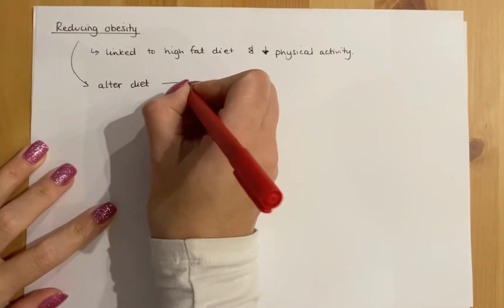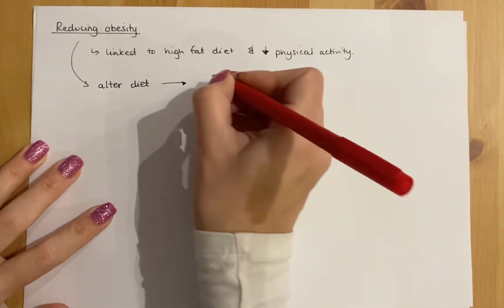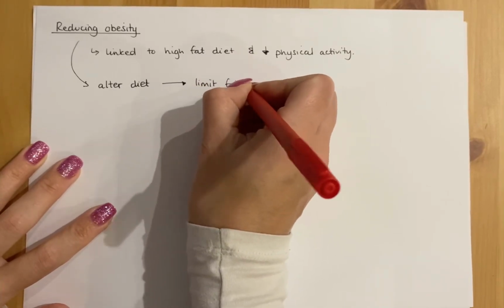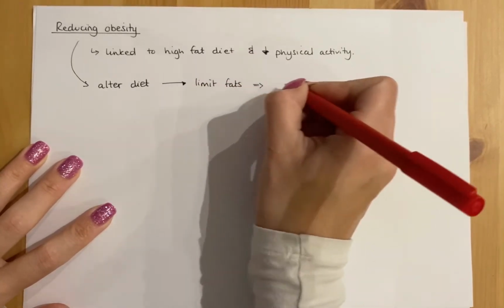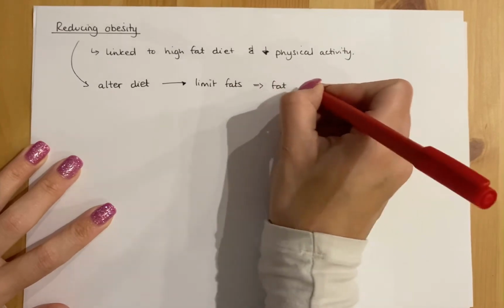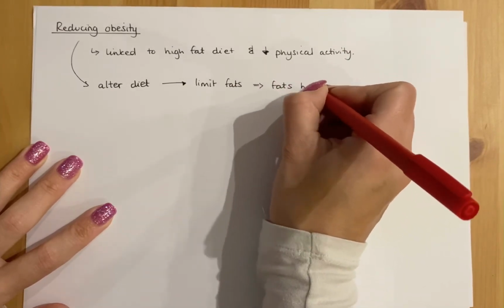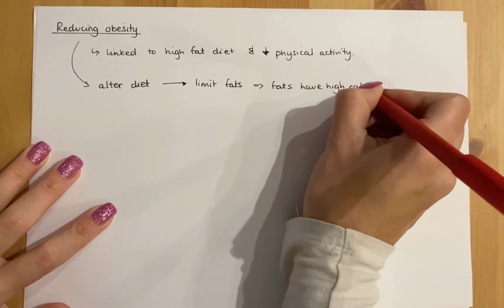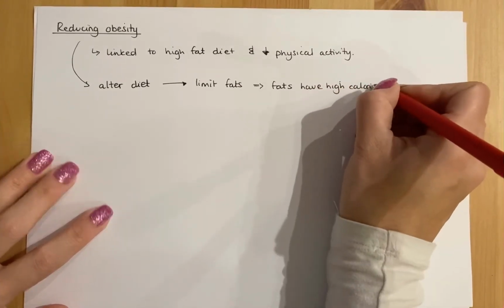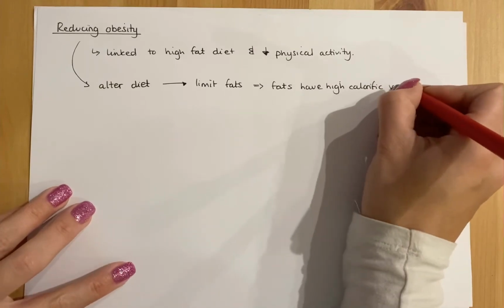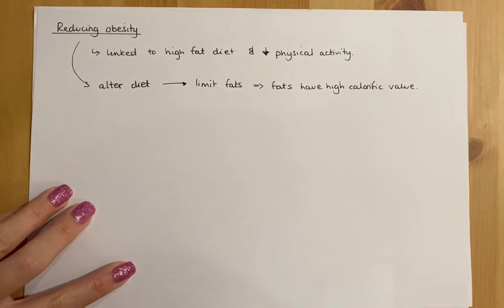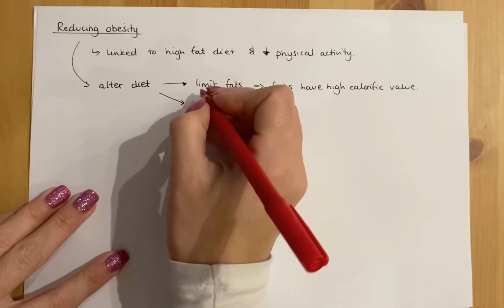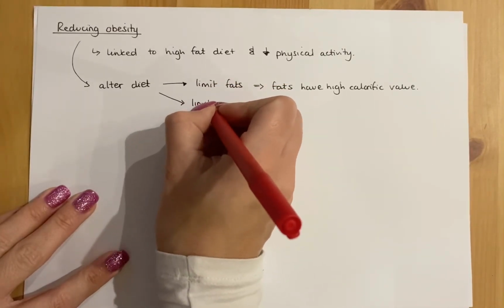Now, you do that in two ways. You limit fats in the diet. And the reason you do that is because fats have a very high calorific value. So for every gram of fat, it's very, very high in calories. What you can also do is limit your free sugars.